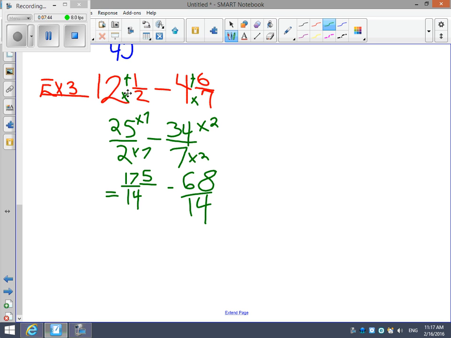So 175 subtract 68 would equal 107 over 14.